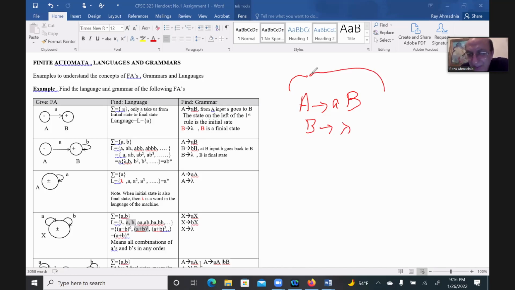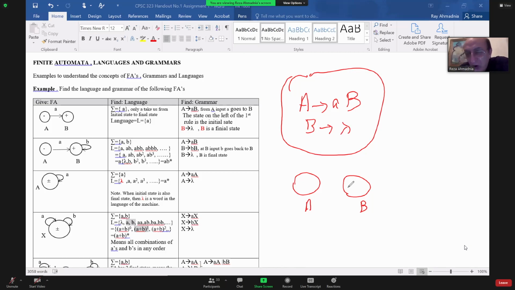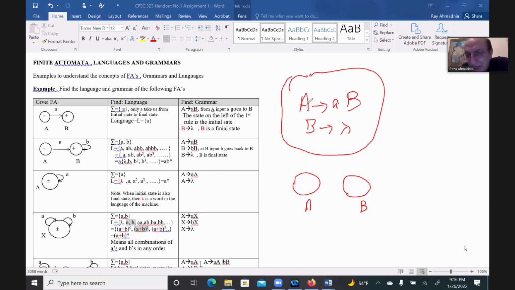If the grammar is this one here, how do you draw the machine? Remember, grammar is representing the machine. How many states does the machine have? Two. This one is state A, and this one is state B. A is the first grammar, which means A is the initial state.